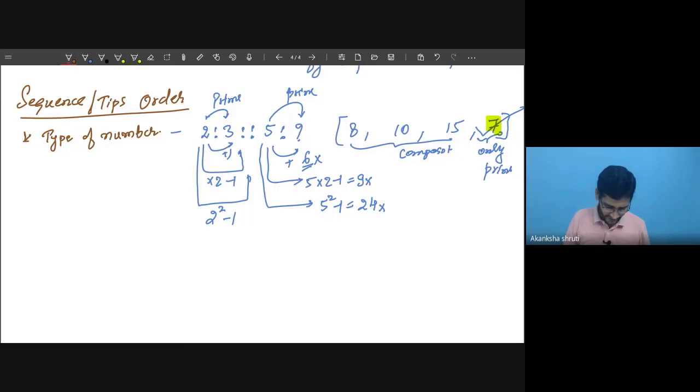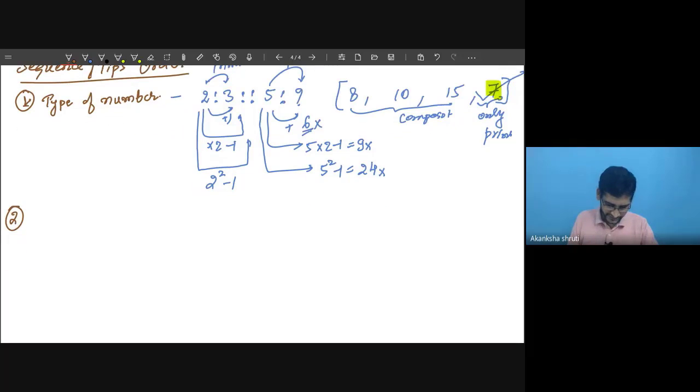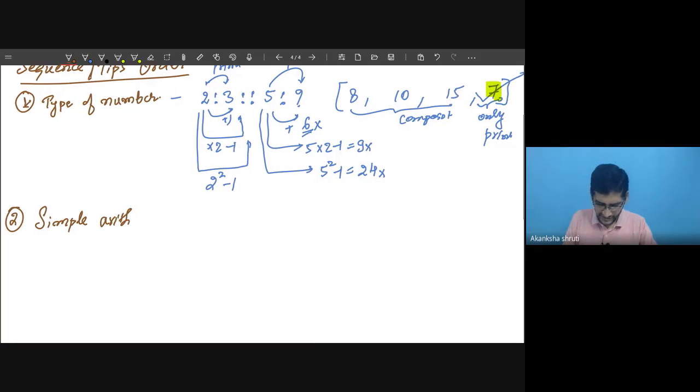Then you shall think of the difference-based or the simple arithmetic, like your differences.